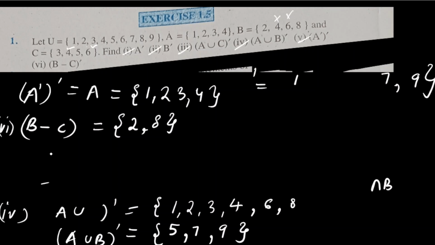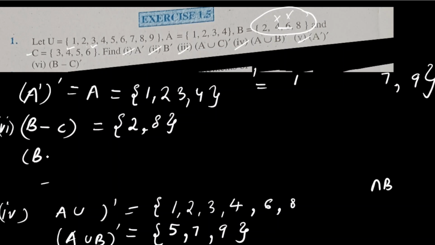So in B minus C only two elements will come, 2 and 8, because 4 and 6 are also in set C, so these two elements won't be in B minus C.